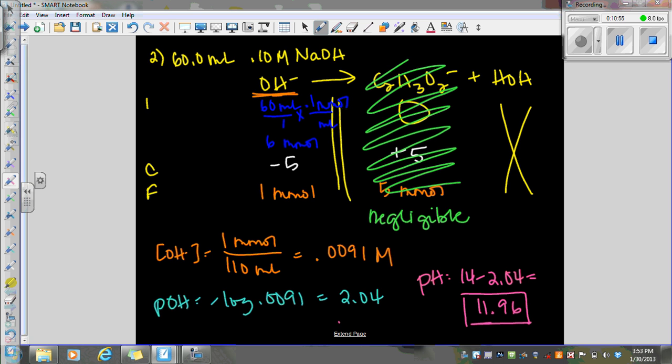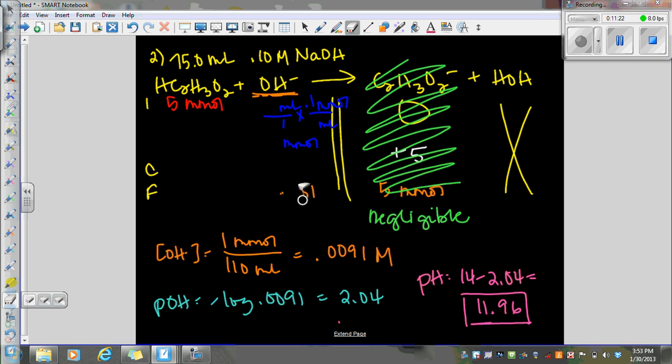Okay, so now let's say that we have 75 milliliters. We've really overrun our endpoint. If you remember, we have had 5 millimoles of acetic acid for forever. So we're just going to continue to use that. Instead of 60, this is going to become 75.